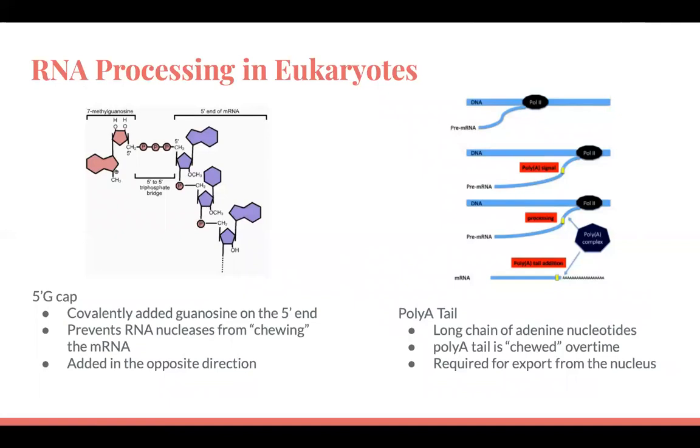This does get chewed by the nucleases, but the point is that it should be long enough so it won't be degraded in a short amount of time, but once the nucleases reach the end of the poly-A tail, it just gets degraded. And the poly-A tail is also required for export from the nucleus.